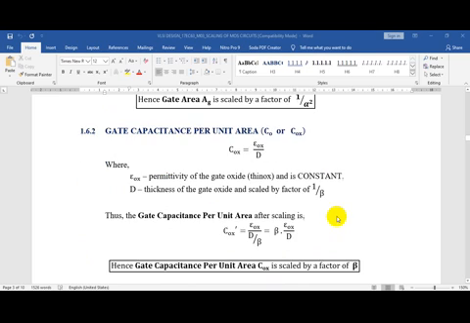The next device parameter is gate capacitance per unit area. It is denoted by CO or COX. It is given by COX is equal to epsilon of oxide divided by the gate thickness. Epsilon of oxide is the permittivity of the gate oxide and it is constant. So there will be no scaling factor for this. D or Tox is nothing but the thickness of the gate oxide, and we have seen it is scaled by a factor of beta.